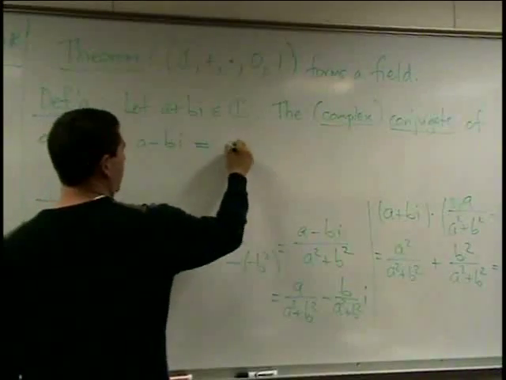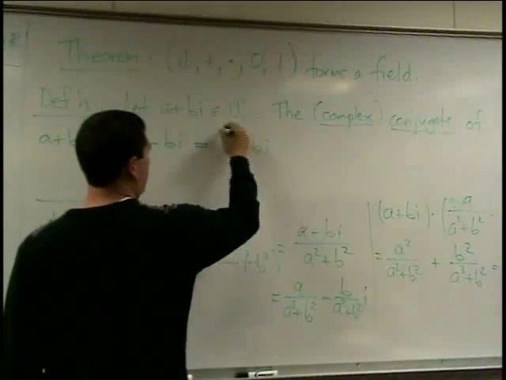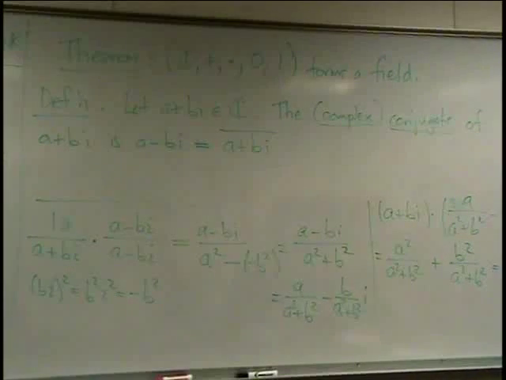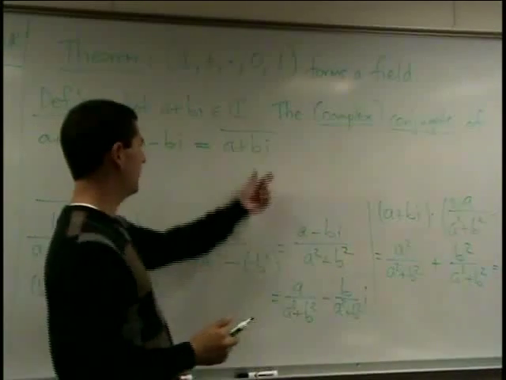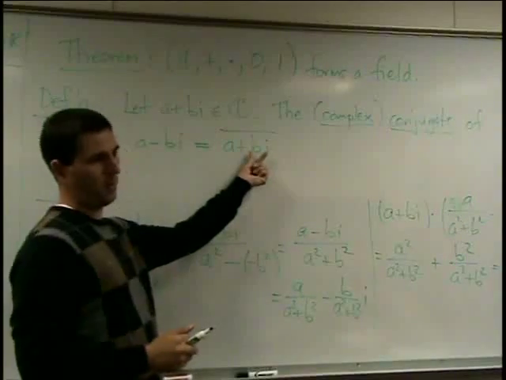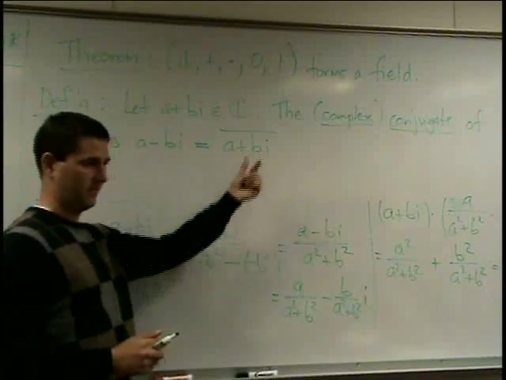And we denote it by a plus bi bar. We write a bar over a plus bi. So whenever we write a bar, I just mean take the imaginary part of the number and make it negative.